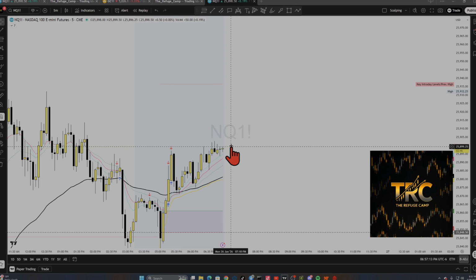There's no reason to look at a scalping setup until we see a candle like this present, either up or down. Typically we'll see a candle like this if it's going to the downside to retest one of the EMAs below or VWAP. And if that retest pushes down and immediately fires back up, that's your opportunity to enter, and you hold it with that 10, 15, 20 point target.